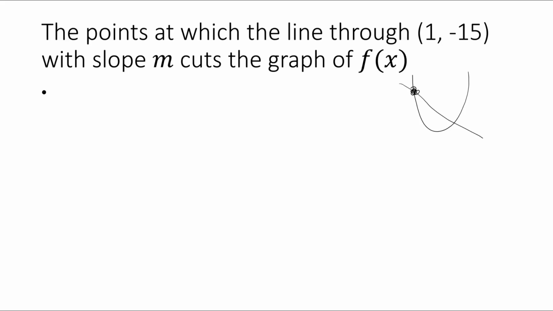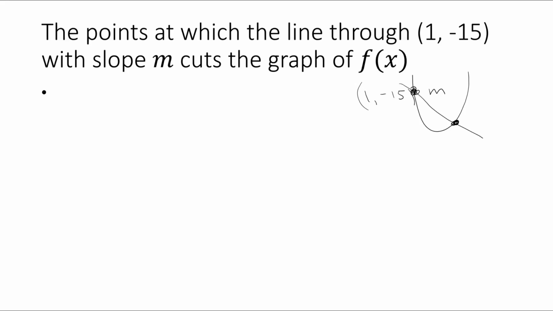At this stage it's not correct, this is just what we have to think. So that may be 1, negative 15, and we're saying that this line has a slope of m, and we're trying to find that other point there where the line goes through it.